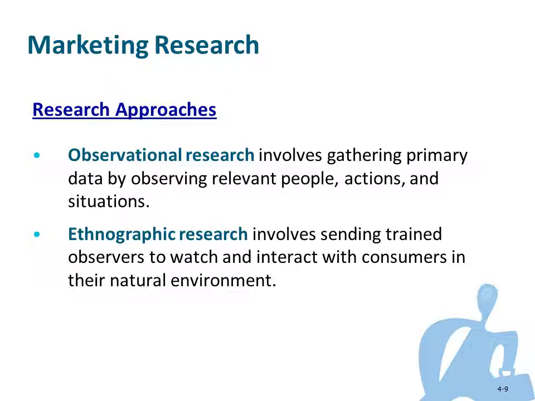This shows that designing a plan for primary data collection calls for a number of decisions on research approaches, contact methods, sampling plan, and research instrument. So the research approaches for collecting the primary data include: Number 1, observational research, which involves gathering primary data by observing relevant people, actions, and situations.